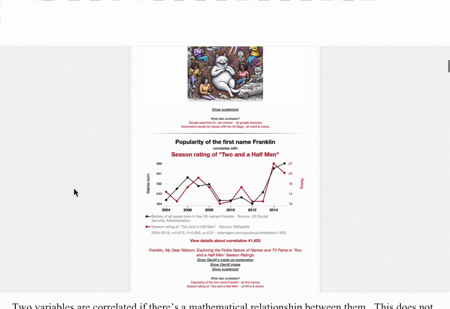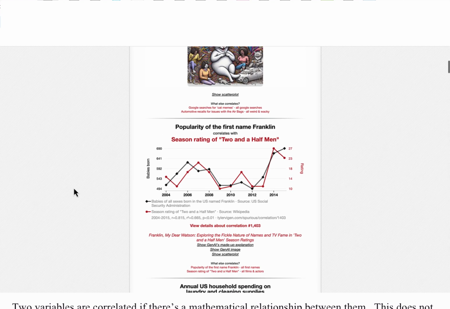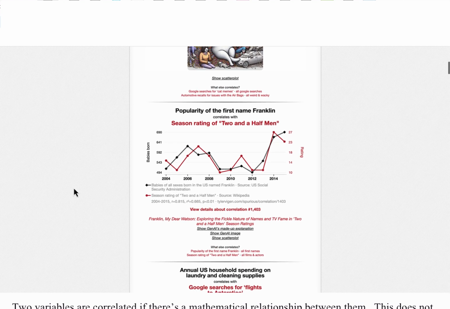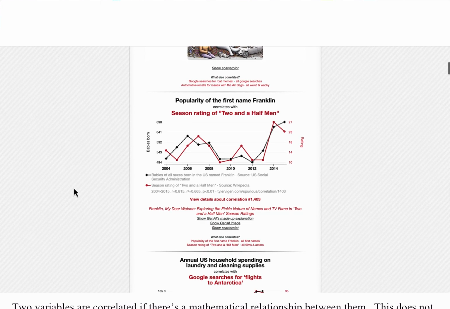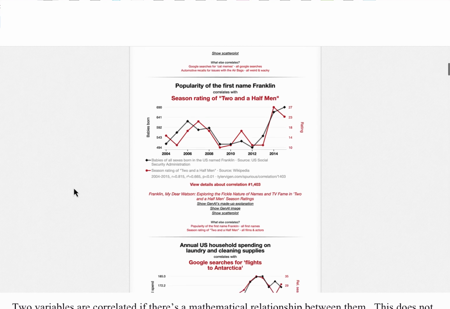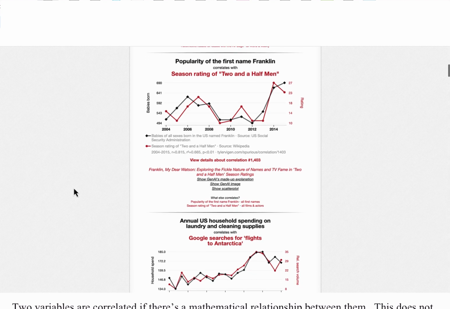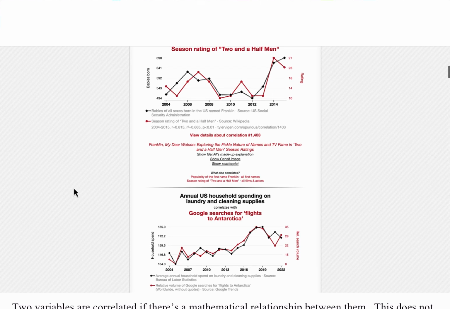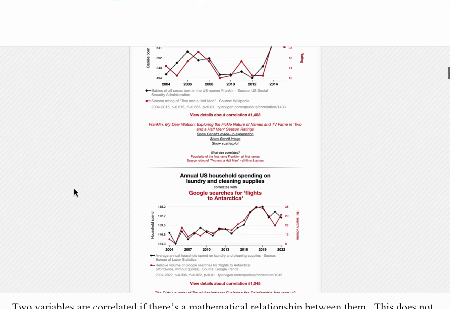Well, in this case, nurses in Arizona matched up to the distance between Saturn and the Earth, even though they have nothing to do with each other. Of course, he is doing this on purpose, coming up with correlations that are so ridiculous they're actually funny. But he's making the point that just because there's a correlation, you can't assume there's causation.